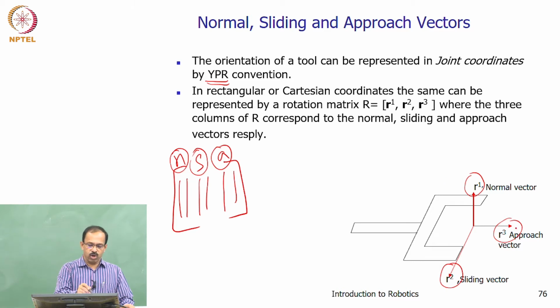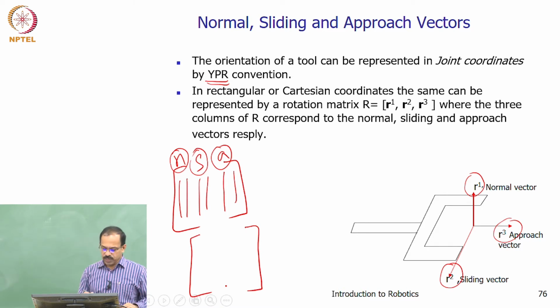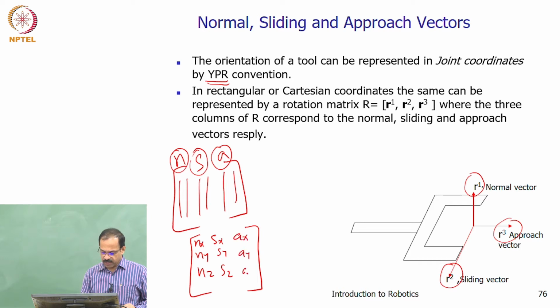So that is the normal, sliding and approach vectors. So normally, if you want to specify the orientation of a tool in Cartesian space, we write it as nx, ny, nz, similarly sx, sy, sz, ax, ay, az.